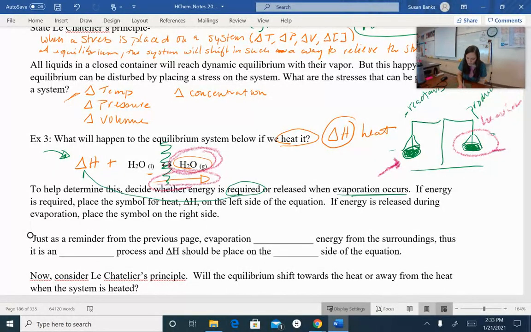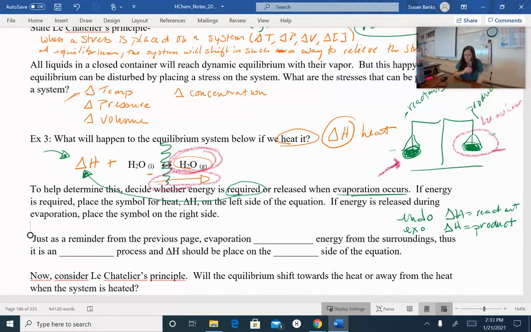That's why we put it on the reactant side, because anything that is endothermic, delta H is going to be a reactant. Anything that is exothermic, delta H, or the heat, is going to be on the product side, okay, because heat is released. It's part of the products.